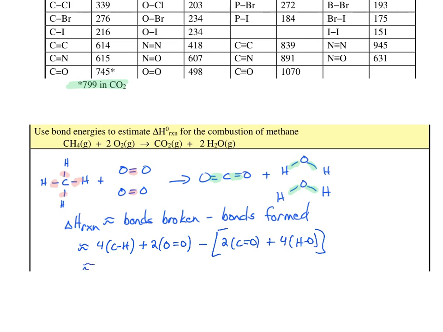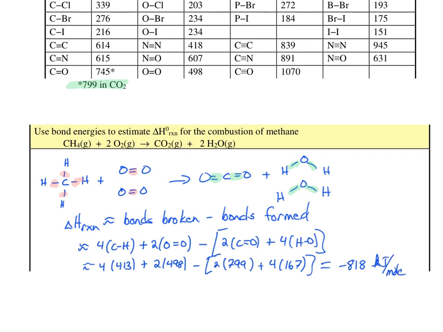Okay, we look up our values. And we get our value of minus 818 kilojoules per mole. And this value is within about 10% of the actual value.